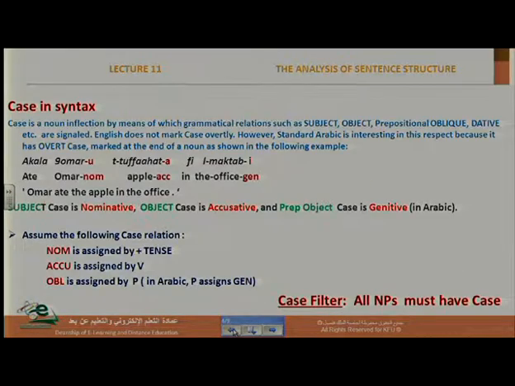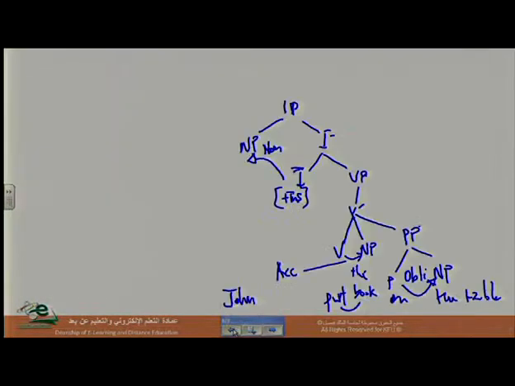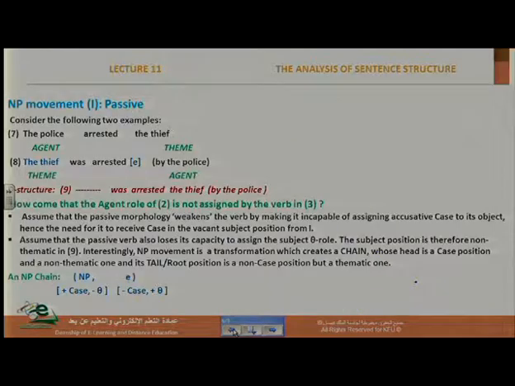Okay, now let's see how this is supposed to affect the derivation of a simple passive sentence. Let's look at the first instance of NP movement, which is passive.